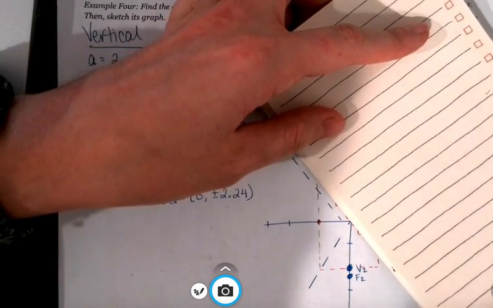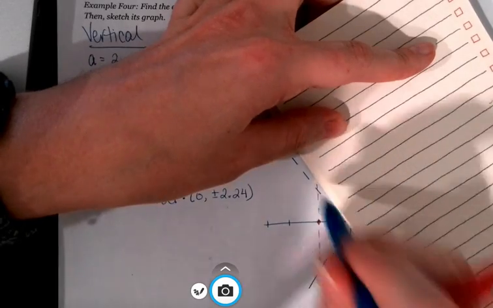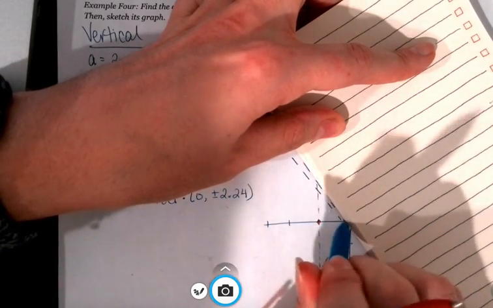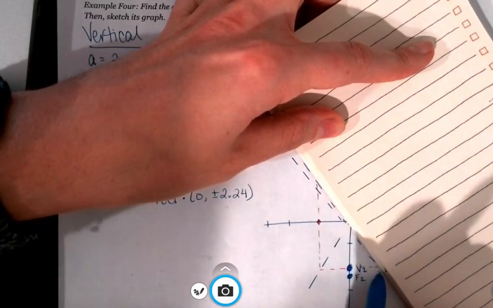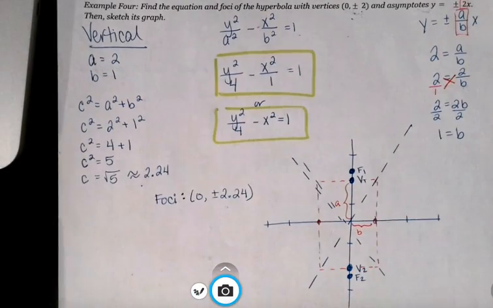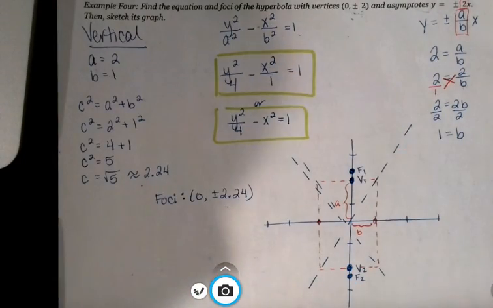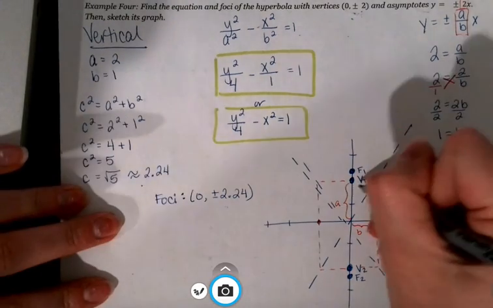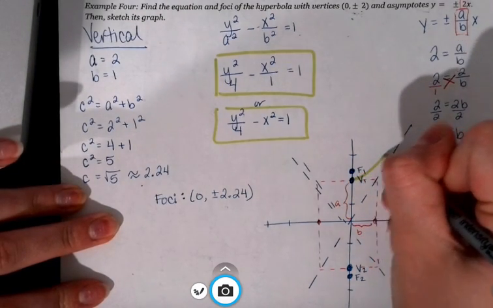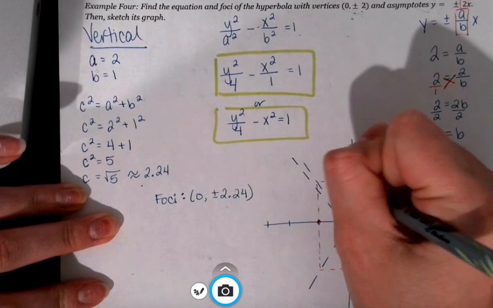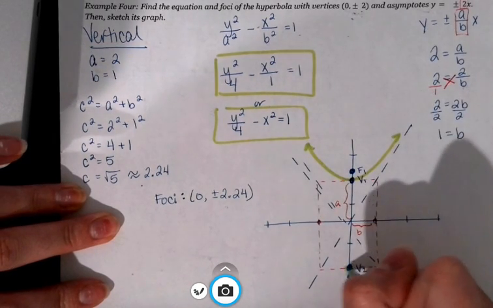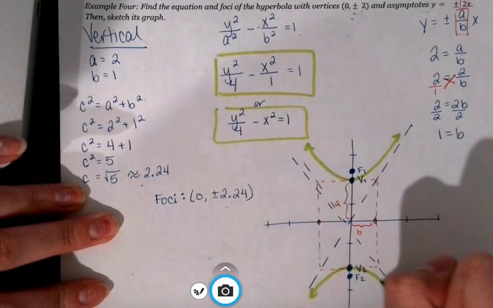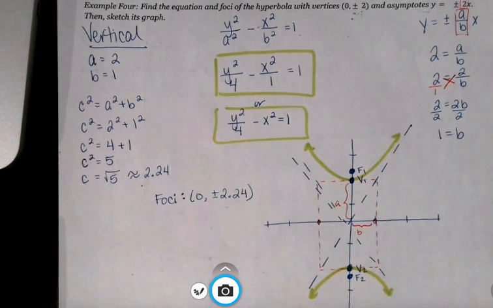Whoa, that was really off. I didn't do a good job putting it through the corners. So I make mistakes too, it's okay. So now I get to graph them. So through the vertex, close to the asymptote, through the vertex, close to the asymptote. And I have my hyperbola, and we did it!